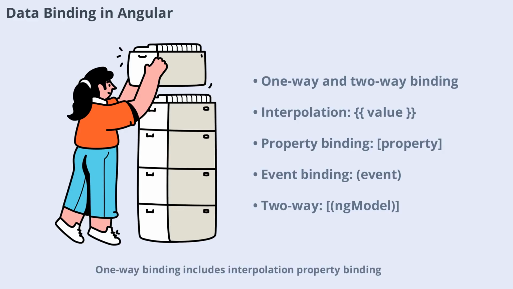One-way binding includes interpolation, property binding, and event binding. Two-way binding uses the ngModel directive, which requires the FormsModule. Understanding these binding types and their syntax is crucial for building interactive Angular applications.